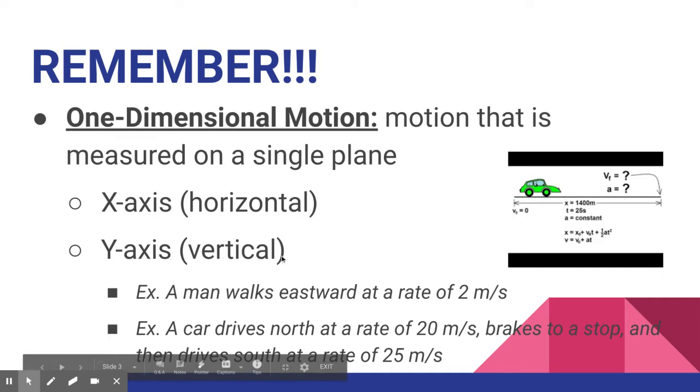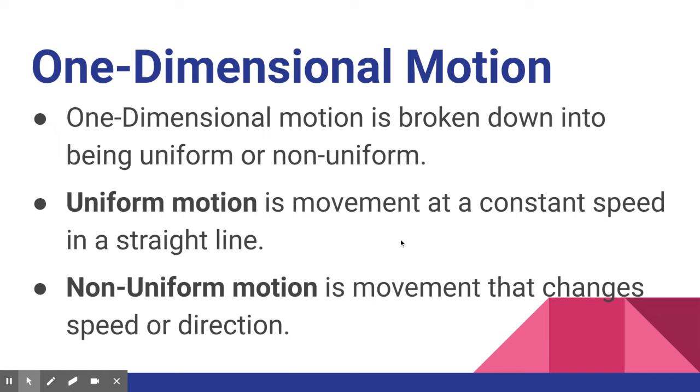Just another reminder, we're still working with one-dimensional motion. We're still just working with motion that's found on the x-axis or just on the y-axis. It's only a straight line. And as far as one-dimensional motion is concerned, most of it is going to be uniform motion, in the idea that we'll have constant acceleration.